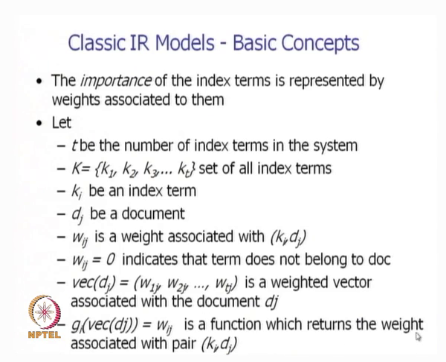This is a function which extracts the weight of the keyword i with respect to the document j. So, this is a precise formulation of the classical information retrieval model, where the world consists of the keywords, a document, and the weightages of these keywords with respect to the document.